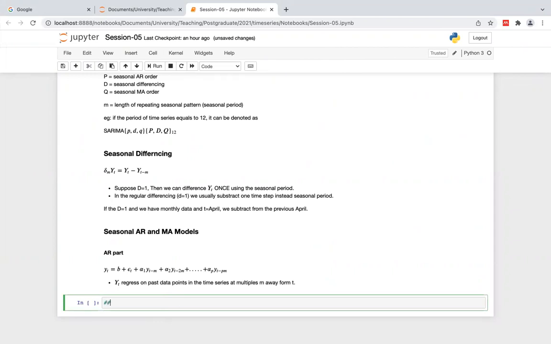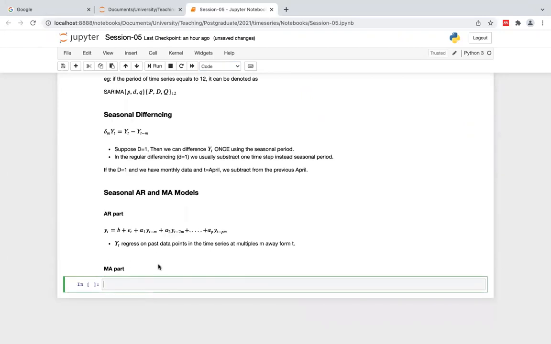Then how do we write this MA part? How do we write this MA part then? What is the MA or moving average? What is the moving average? It depends on what? Previous error in the time series.